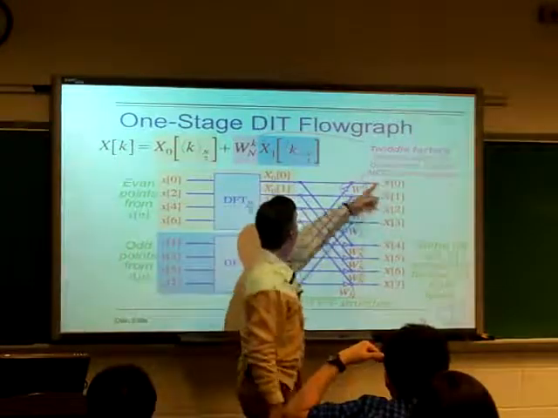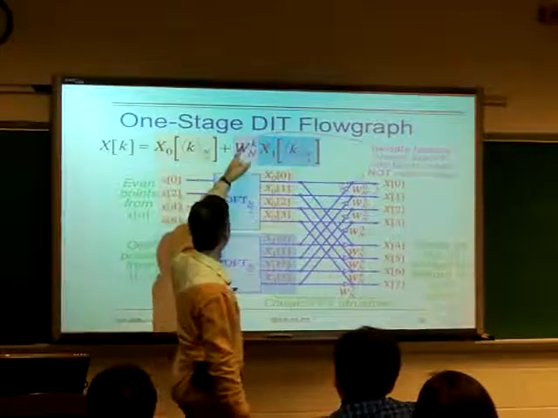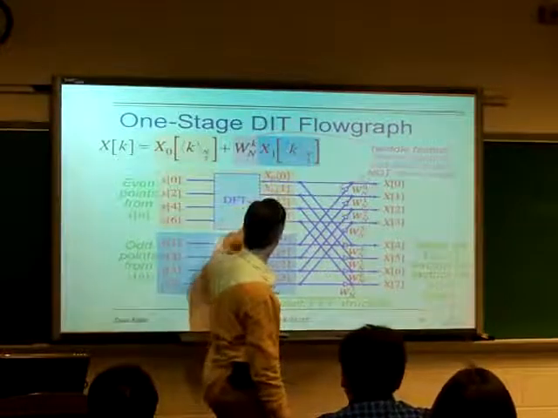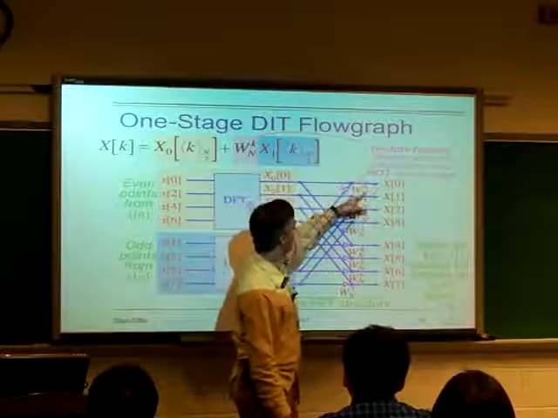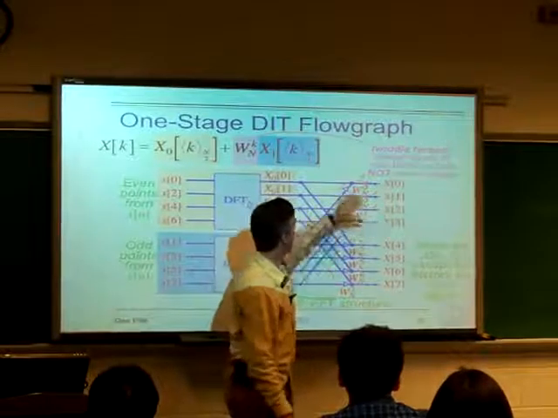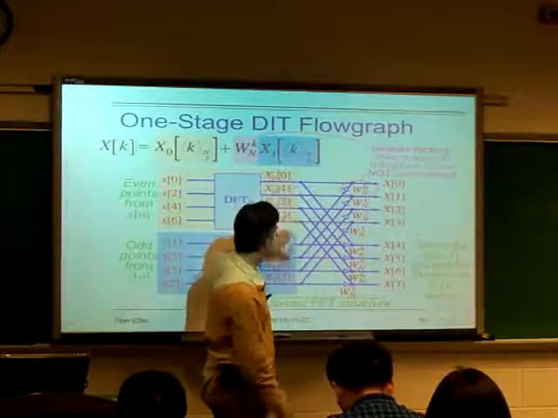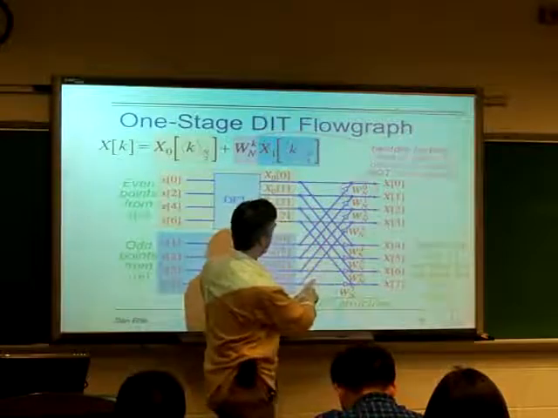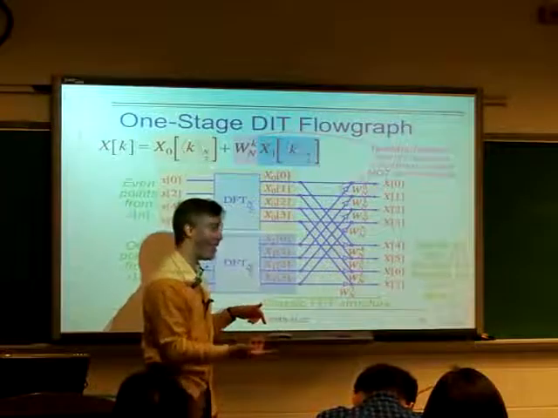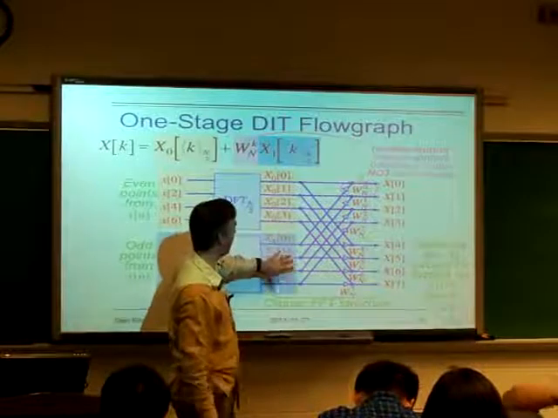So X of 0, for k equals 0, is X0 of 0 plus W sub n to the 0 times X1 of 0. So here's X0, here's X1, here's my W sub n to the 0. Multiply that, add them together, and that gives us X of 0. And then for each of the other values of k up to 3, it's the same thing. We're just adding up these values with different scaling constants. And then as we get into the second half, the values of k larger than n/2, we just cycle through these 4 outputs from the 2 half-length DFTs again.